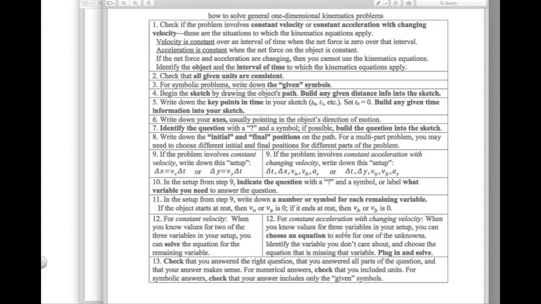Remember that on this problem, we're using kinematics with constant acceleration with changing velocity, so we're using this right-hand column here in the handout. So in order to proceed to choose a kinematics equation, we would like to know values for 3 of the kinematics variables.